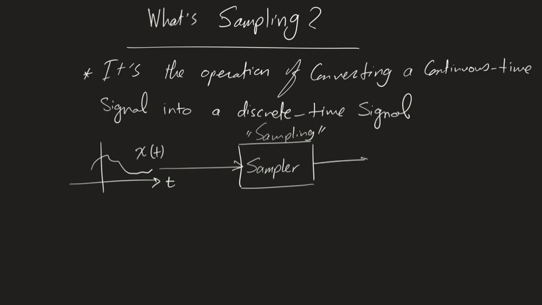The output coming out of here, we call it xs, and it's again a function of time, but since it's discretized, it's going to occur at certain instants of time, and we can also call it x of nTs, or when you go to the discrete description fully, it becomes x of n.